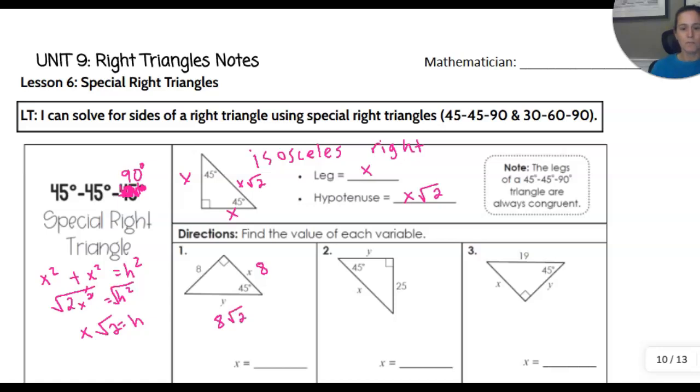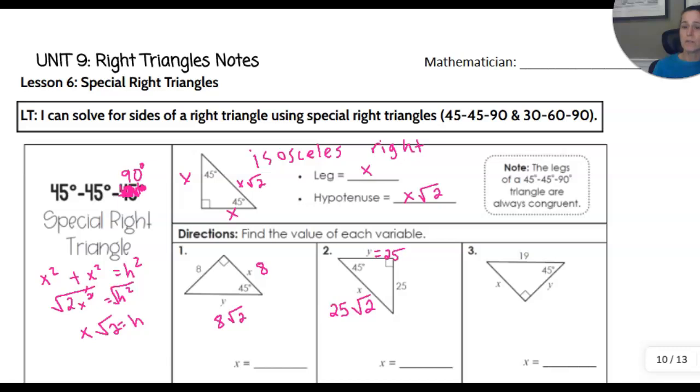In our next one, we have 25 as a side length, and you notice that y is also a side length, and these are congruent because it's an isosceles right triangle. So y would be equal to 25, and then I take that side length and I multiply it by radical 2 to find x.